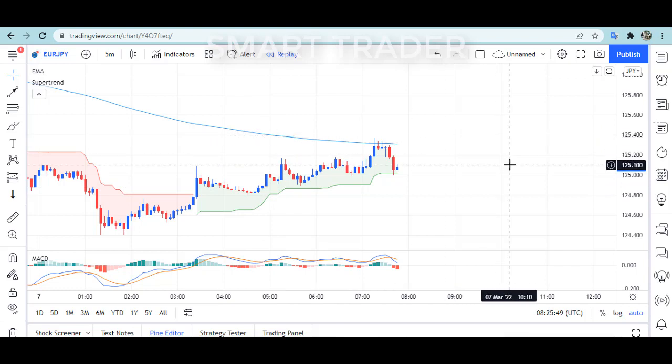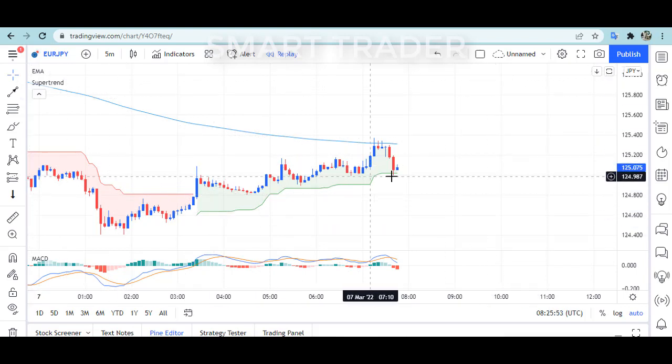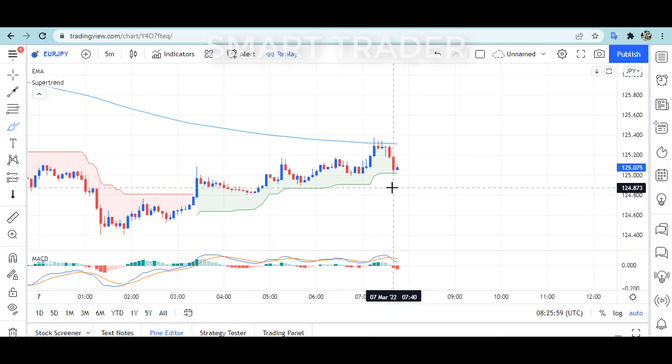Price below the 200 EMA, the Supertrend signals the market is up, as you can see here, and I will wait for the market to go into the trading range. This means the transition phase from the uptrend to the downtrend. So I want to trade in line with the 200 EMA signal.